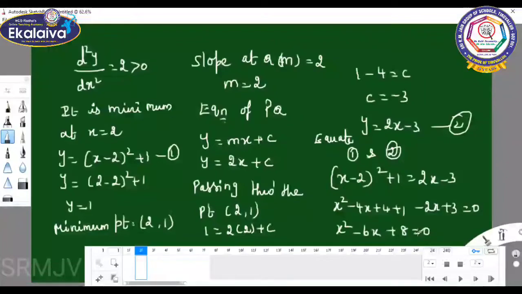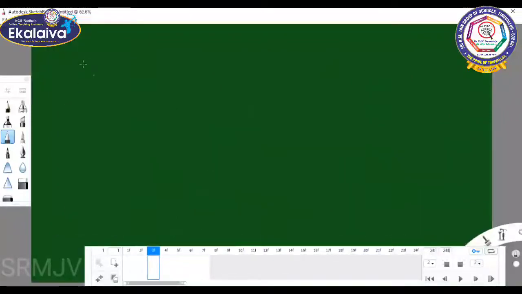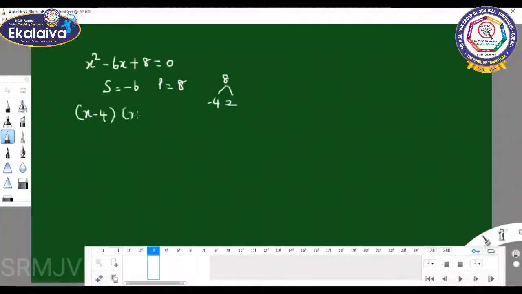Sum equal to minus 6 and product equal to 8. 4 twos are 8, so minus 4, minus 2. So (x minus 4)(x minus 2) equal to 0, x equal to 4, 2.